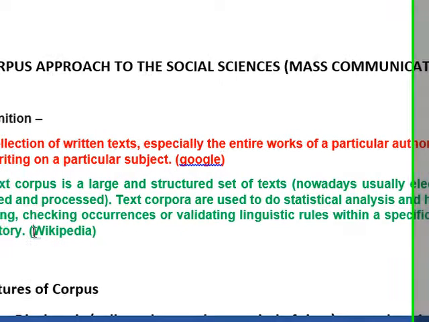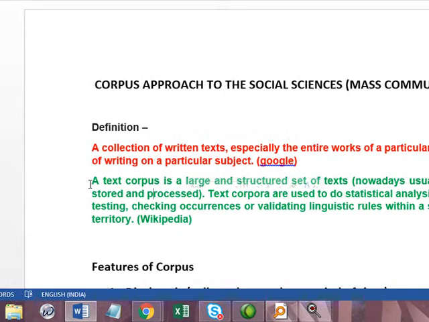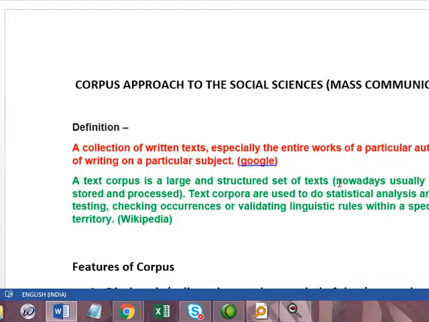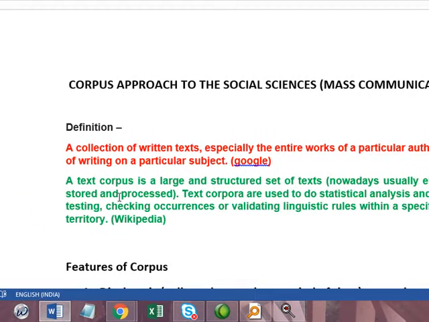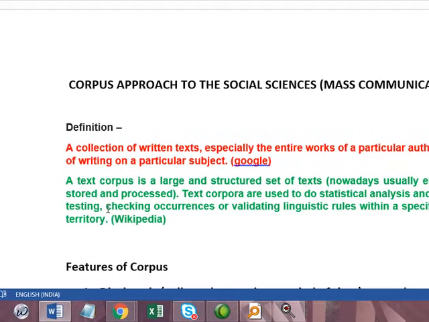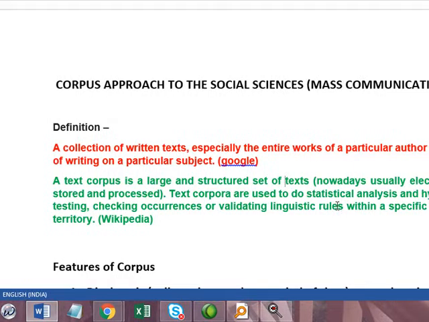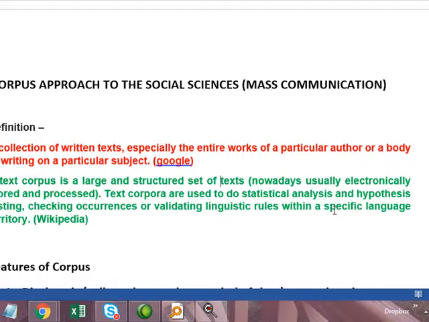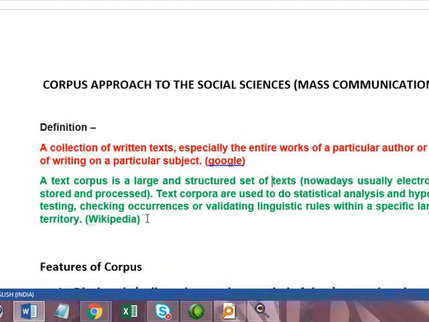If you see the Wikipedia definition of corpus, then it says that a text corpus is a large and structured set of texts, nowadays usually electronically stored and processed. Text corpora are used to do statistical analysis and hypothesis testing, checking occurrences, or validating linguistic rules within a specific language territory.